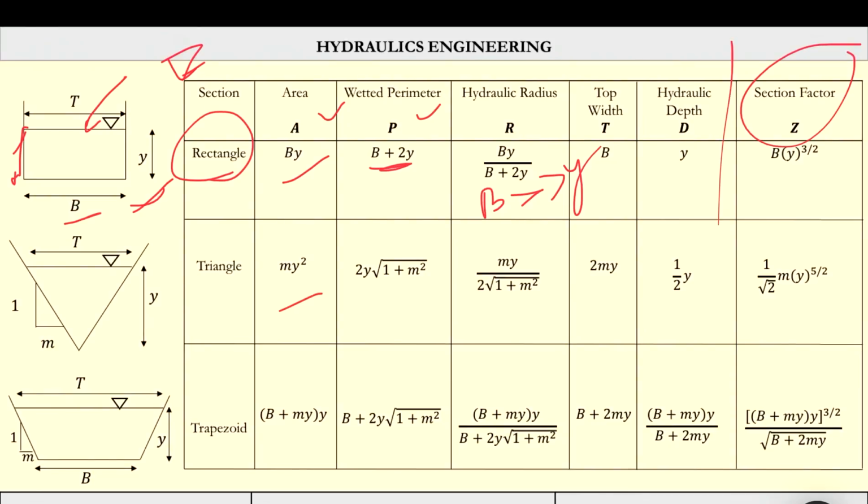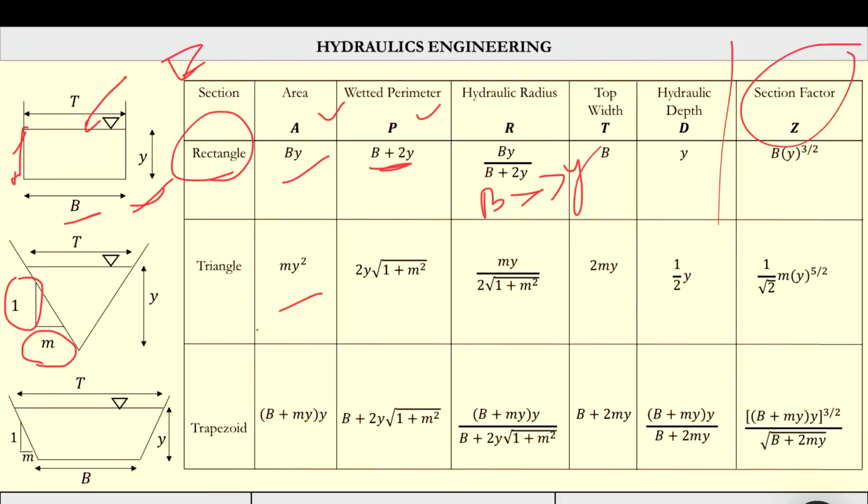For the triangle, if the side slope is given as 1:m, it means for every 1 meter vertical you move m meters in the horizontal direction, or for every m meters horizontally you move 1 meter downwards.